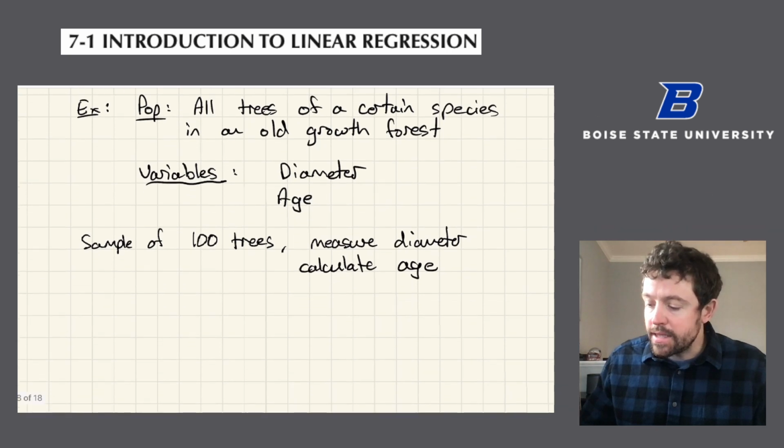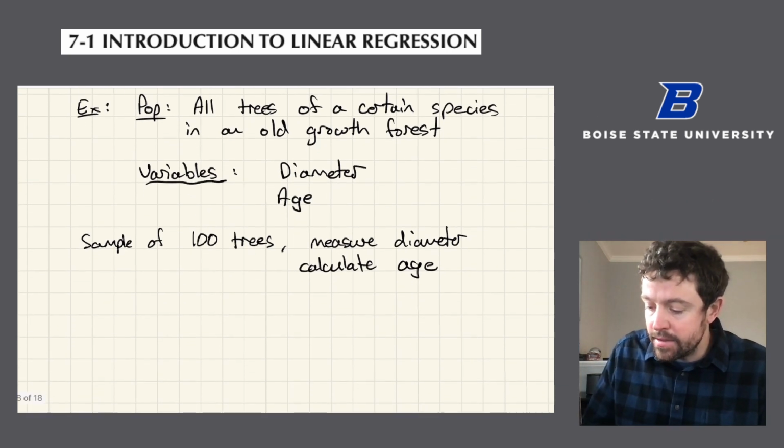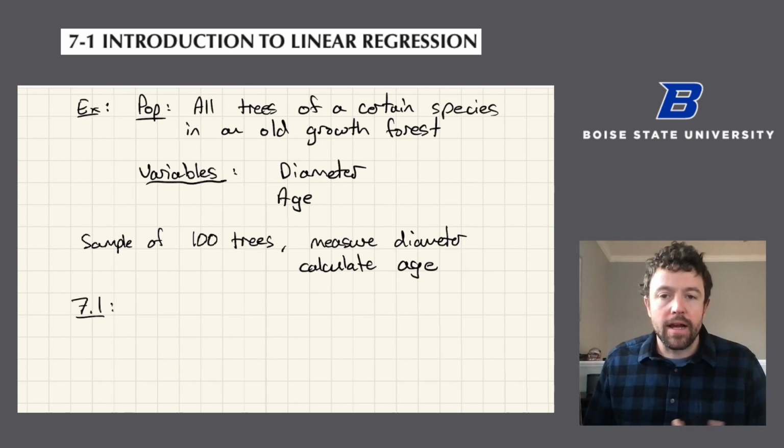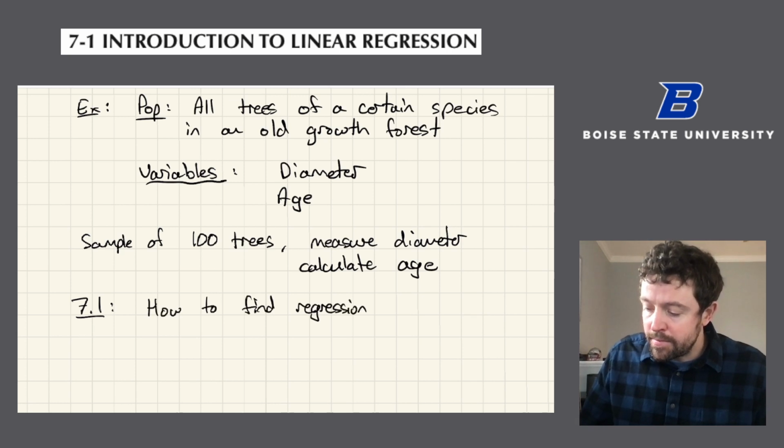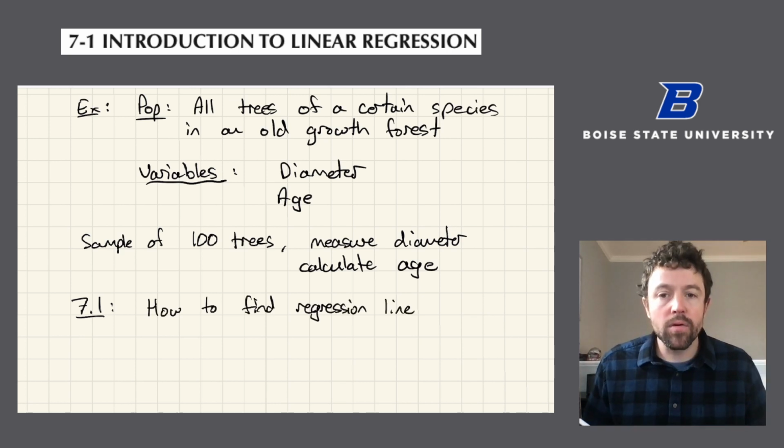And so what we'll see in this section is a few things. Well, I drew a line up there, and I did it using software, but this line is called the regression line. It's our line of predicting values of y from values of x. So we'll see how to find this line. Not really by hand, I guess. We won't ever fully do it by hand, but mainly using software.